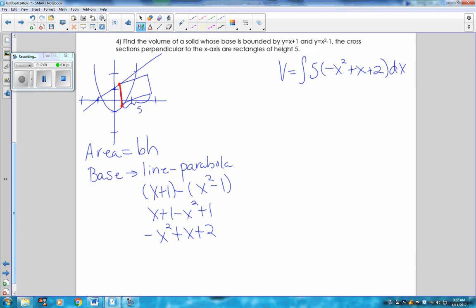This one is not hard to integrate, but you can put it into your calculator to integrate it, but what am I missing? I need to know my upper and lower bounds. And it's in terms of x, so what I need to know are those 2 points of intersection.